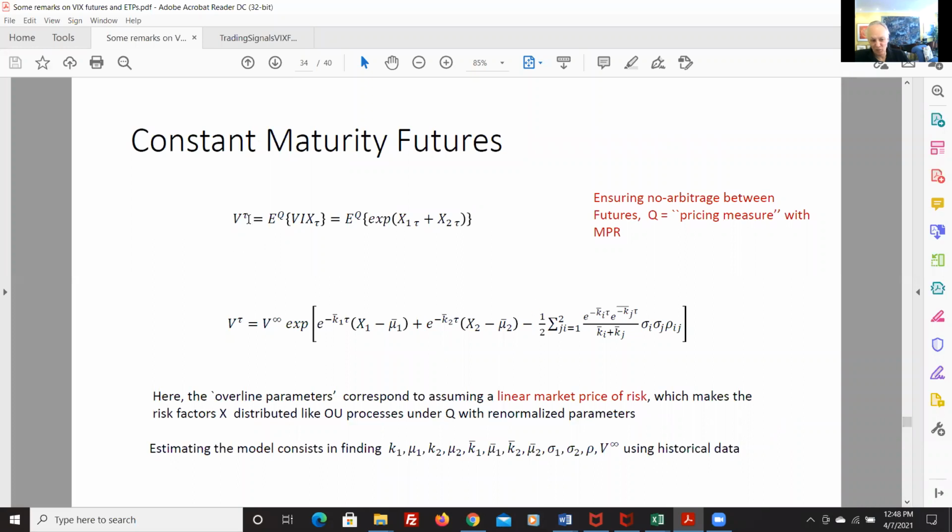So that's why it's convenient to look at what we call constant maturity futures. This is a future expiring at some days away from now. The theoretical formula should be some kind of expectation value of the VIX, our VIX model, but under a new measure called the Q measure, or the measure with the market price of risk.